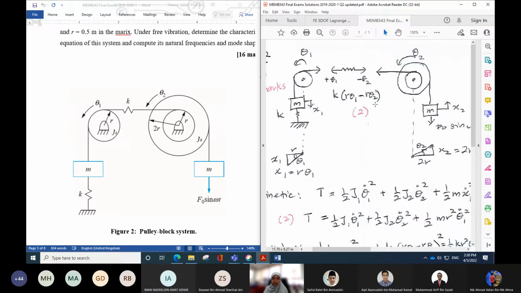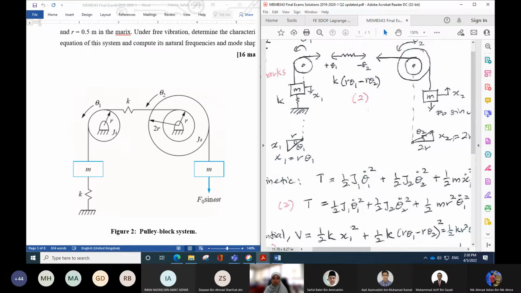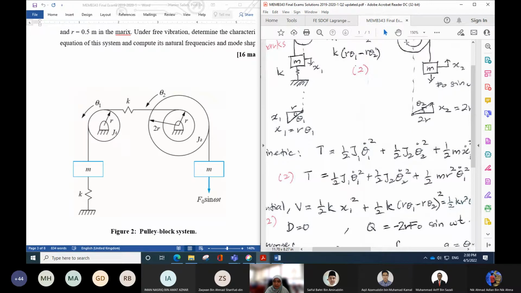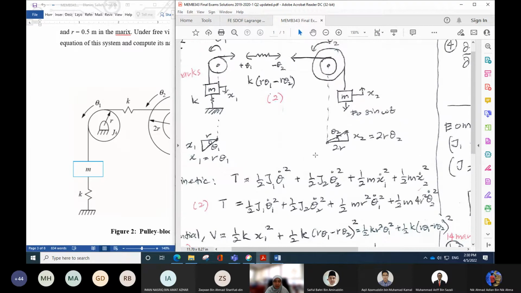All right, the next one. I do have a figure here just to show you the relationship between x1 and x2. So this is basically k(x1 minus x2), but I wrote everything in terms of theta. Then you go ahead and look at your equations here. I have this drawing here. You have to write for all the j.